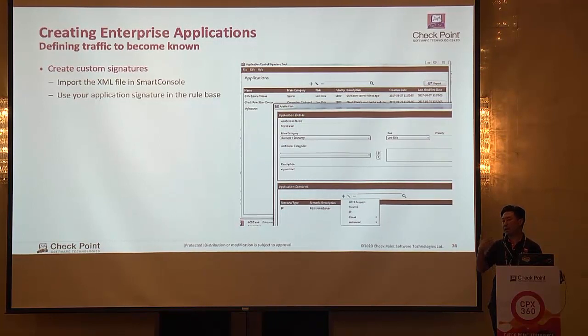This way it keeps improving the visibility, because if you don't have a policy to log all those unknown applications, you will not be able to enforce anything, since you don't know this kind of traffic exists. So we recommend you create a policy to at least log those unknown applications, and after you see the log, you can start using our application signature creation tools to create a specific signature for those applications.